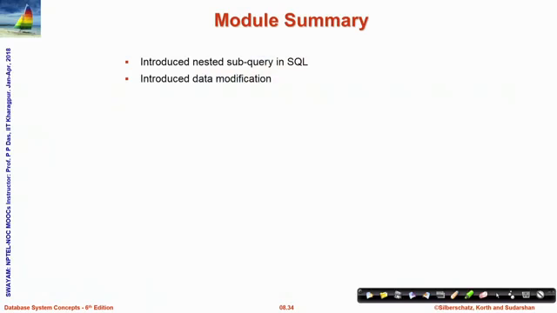We have seen the ways to perform data modification in terms of deleting, inserting and updating records, and we have also seen how nested subquery may be very useful not only in performing a query, but also in performing certain data modifications.